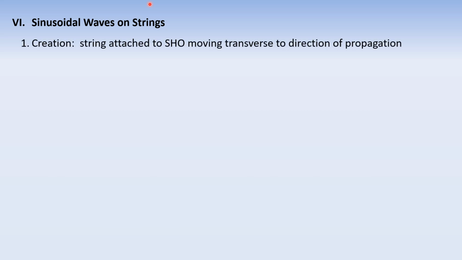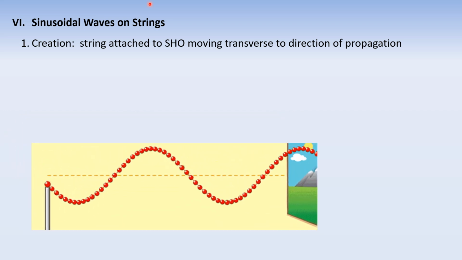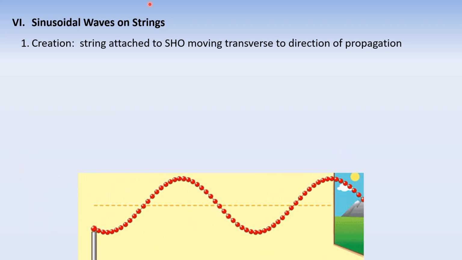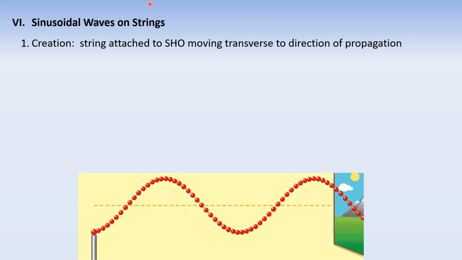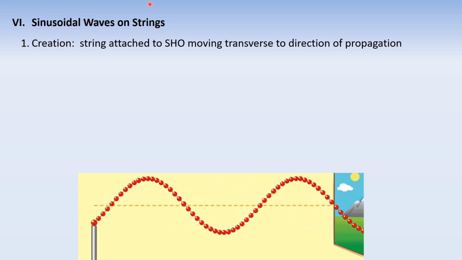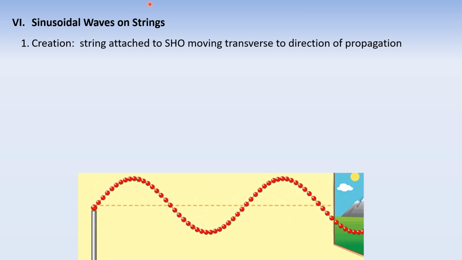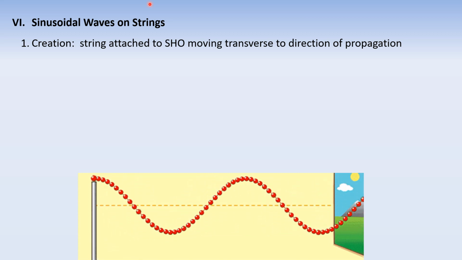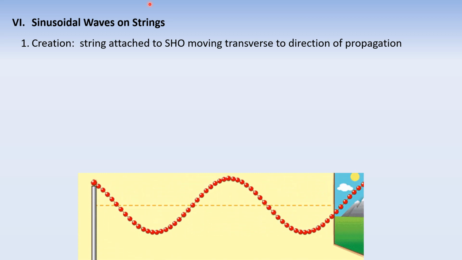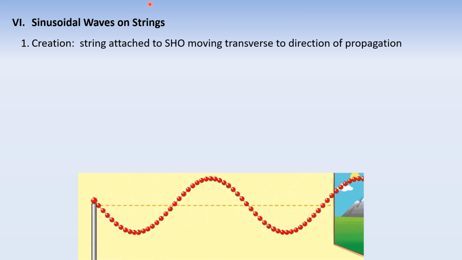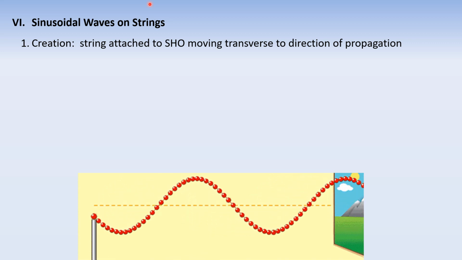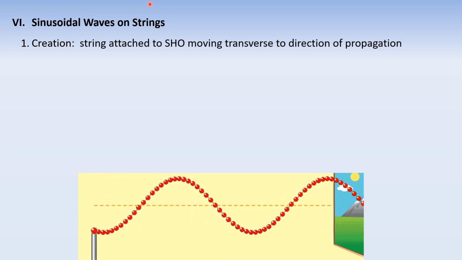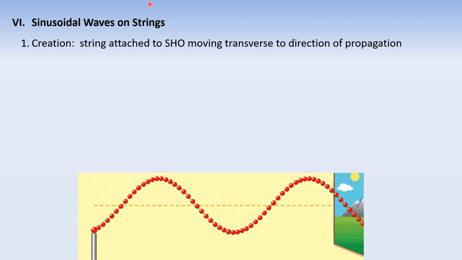So we start by asking the question, how are these sinusoidal waves created on strings? Well, as this simulation nicely shows, if one end of that string is attached to a simple harmonic oscillator, and in this simulation you see that this piston is simply moving in the vertical direction as a simple harmonic oscillator, it's moving in a transverse or perpendicular direction to the direction that the wave or the energy travels.